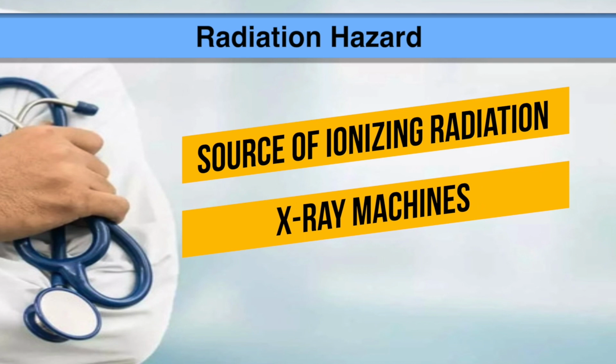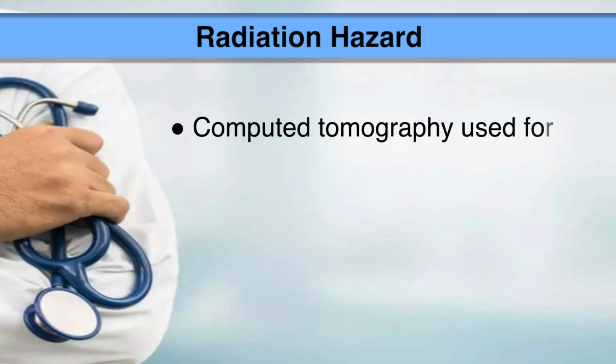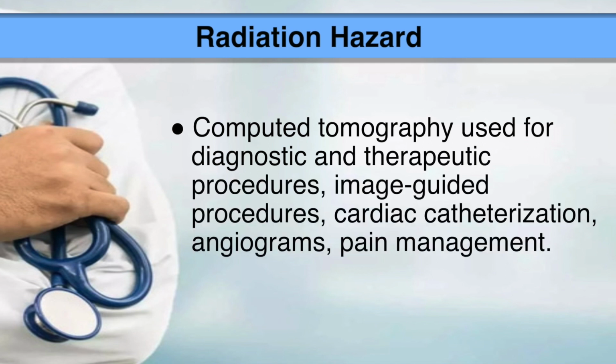The ionization comes from X-ray machines and also fluoroscopes and computed tomographies, which are used for diagnostic as well as therapeutic procedures, image guided procedures, cardiac catheterization and angiograms, pain management, and some other examples that are highly hazardous in nature.